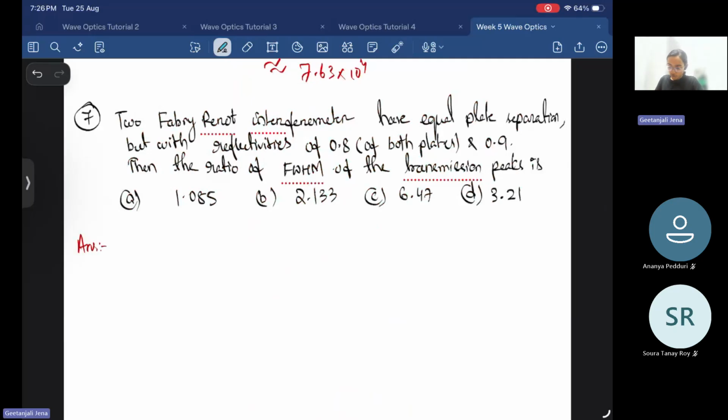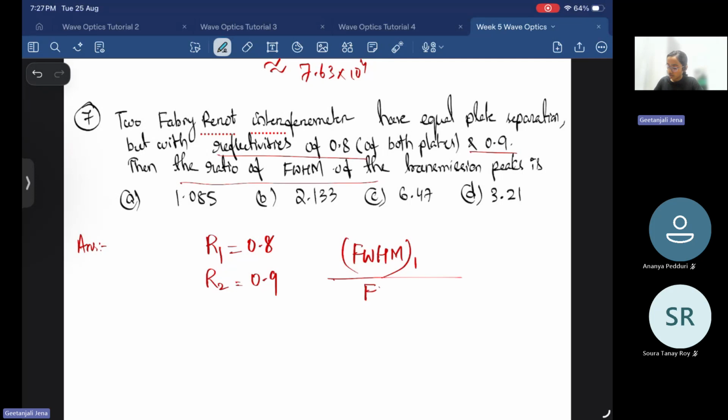It's given two Fabry-Perot interferometers have equal plate separation, but reflectivity of one is 0.8 and another one is 0.9. What is the ratio of full width at half maximum of the transmission peaks? R1 is given 0.8, R2 is given 0.9. So you need to find out the ratio of full width at half maxima of one with respect to two.